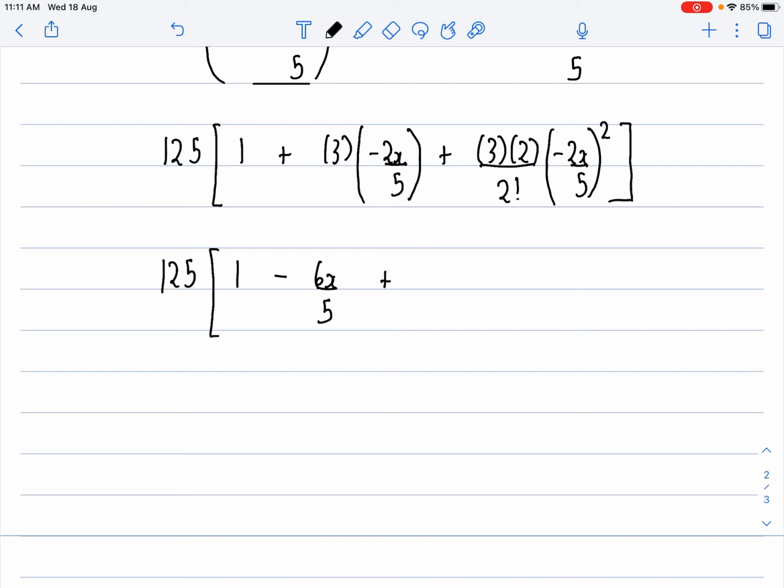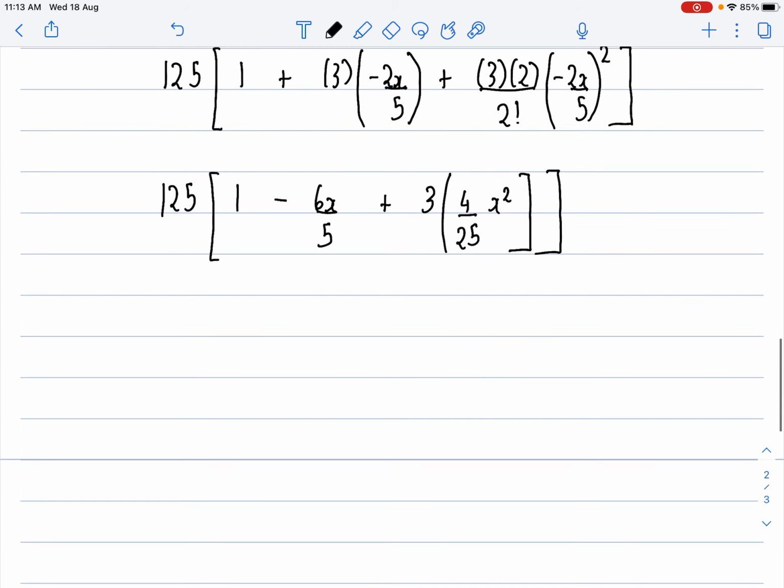Plus, on the calci, first, you get a 3 here because 2 and 2 factorial get cancelled. And on the calci, you can simply do minus 2 over 5, the whole square, where you basically get 4 over 25 x square, correct? This is what you basically get.